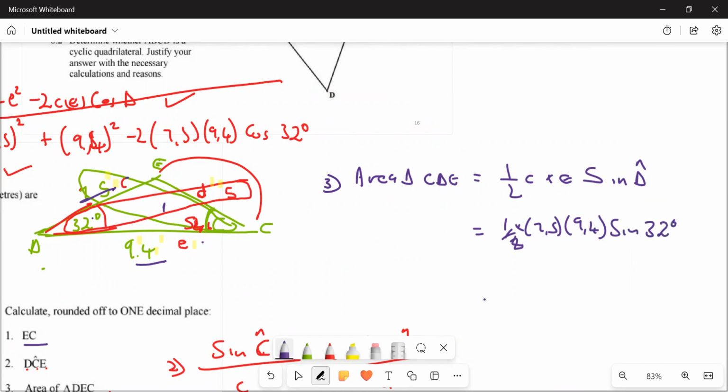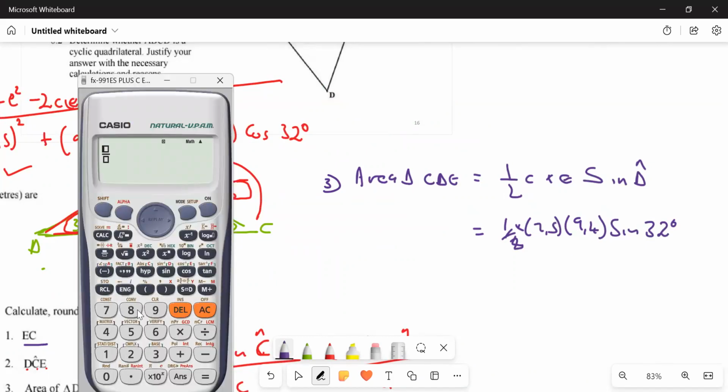Of 32. Okay, if you take this and type it in your calculator, how is it going to look? So you have half, then multiplied by 7,5 multiplied by 9,4 multiplied by the sine of 32, close bracket.